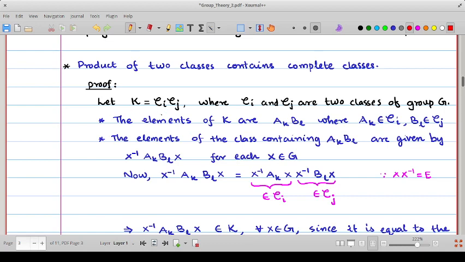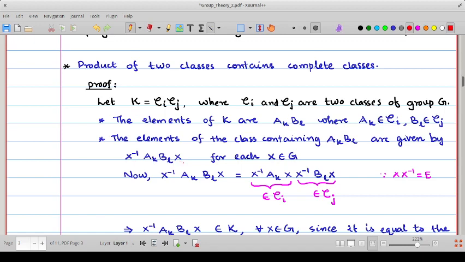Let K be the product of two classes Ci and Cj. Now, the elements of K are of the type AK times BL, where AK is an element of Ci and BL is an element of Cj. Now, we need to prove that all elements that are conjugate to AKBL are also in K. So, to see this, let us construct the elements that are conjugate to AKBL.